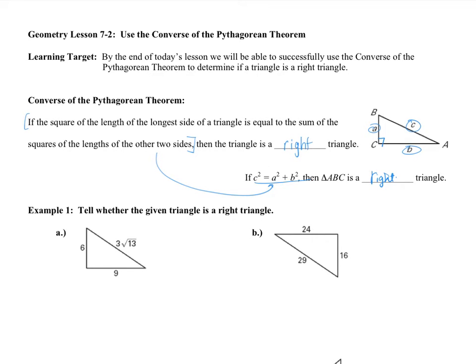So for example 1, we want to see if the given triangle is a right triangle. So I'm going to first simplify by the greatest common factor of 3. I'm going to take 3 squared plus 2 squared.